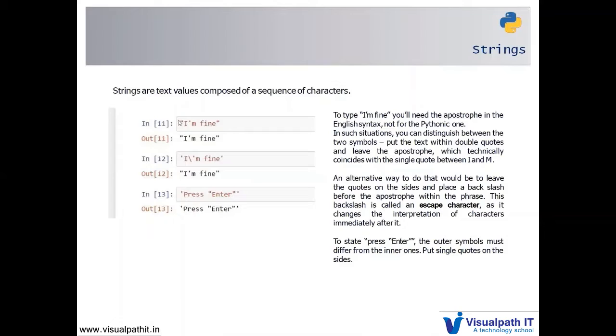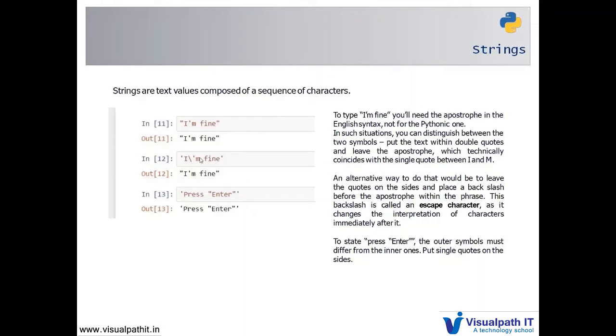Let us look at this example where it displays I'm fine, and you need to display the single quote between I and M also in a string. In such cases, put the text within double quotes and leave the apostrophe as it is. So we enclose the whole string within double quotes.